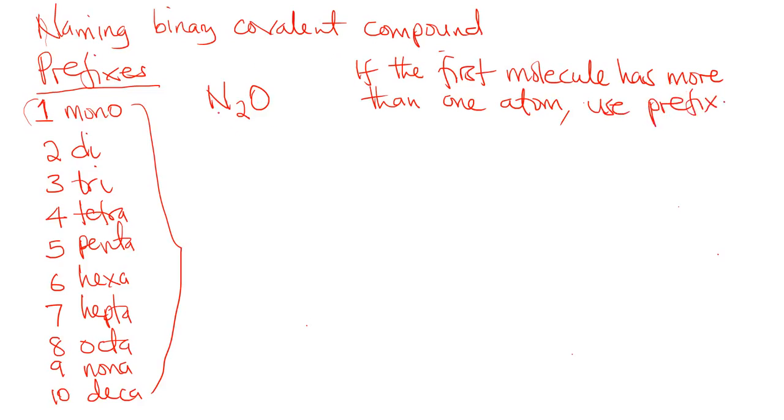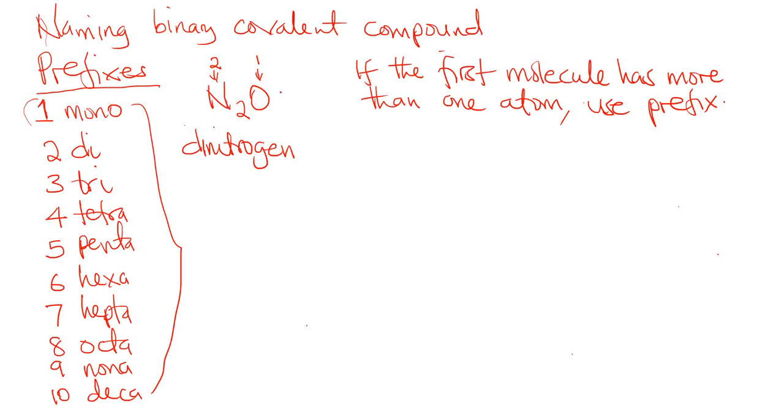So nitrogen here, we have 2 nitrogen and 1 oxygen. So 2 is di. But you know that the first one, we name it as the element itself. So this one will be dinitrogen, because there are 2 nitrogens.